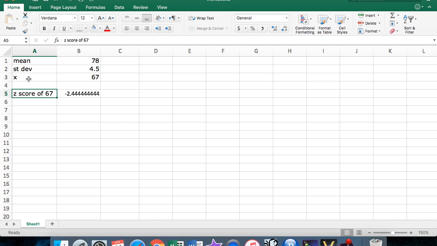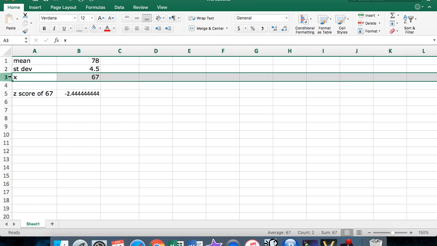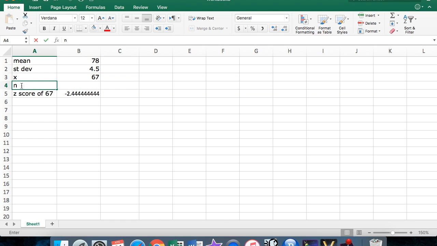Now this is only if it's a population, but if you have a sample, that means you have an n. If your n is 30 or whatever, let's just say 100, then because you have a sample, the z-score is going to change slightly, right? Because your standard deviation changes. Remember, based on the central limit theorem, the central limit theorem kicks in.